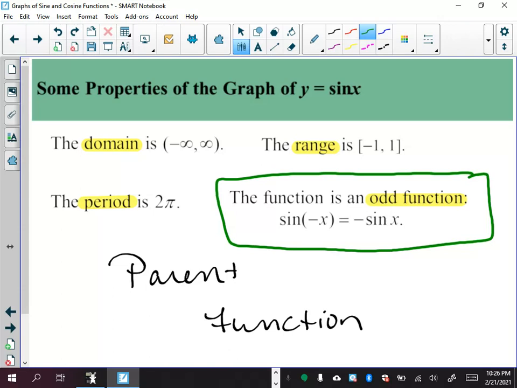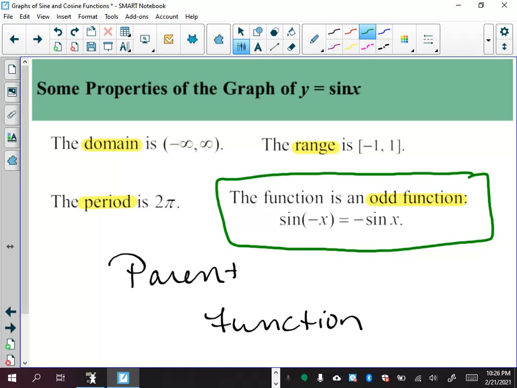And if I keep going around my unit circle to 3 pi over 2, which is 270, I wind up with -1. And I come back up to 2 pi, I'm back up to 0. So as you can see, I'm bouncing back and forth between 1 and -1. So my range is from -1 to 1. And again, since I'm continuous on the x-axis, I'm also going to be continuous on the y-axis. So there's no breaks, no holes, no asymptotes or anything.